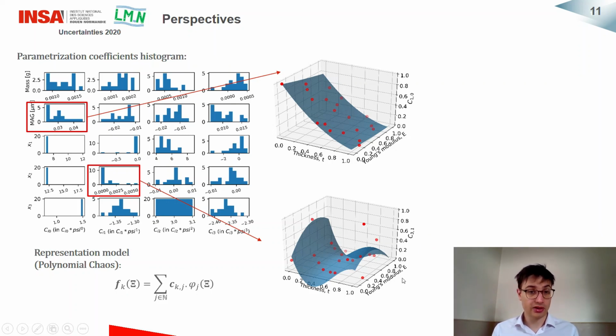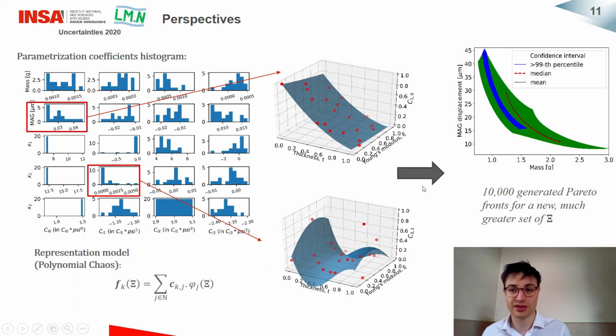Then we can regenerate the new DOE sampling and generate a large set of Paretos at a very low cost. And here you can see an example of 10,000 Paretos. And then we perform the statistics that we discussed previously, so mean and median value is found.